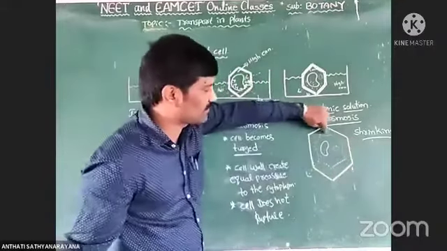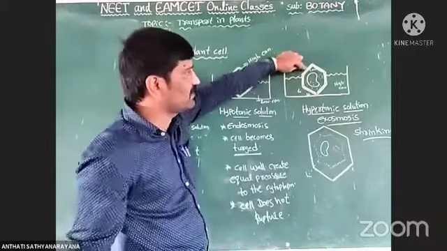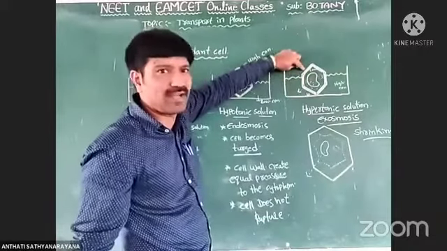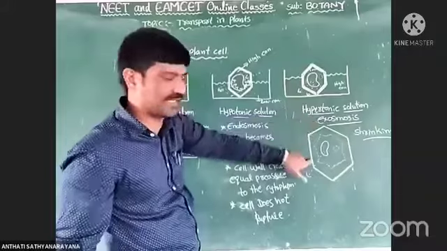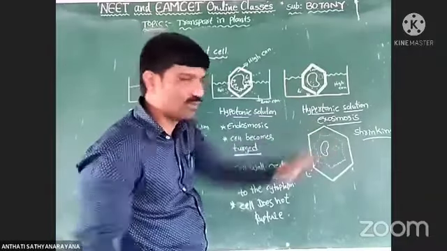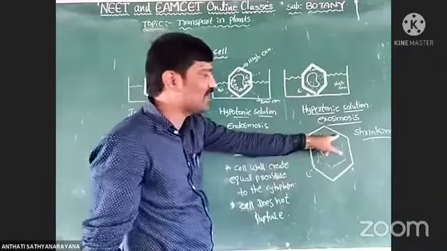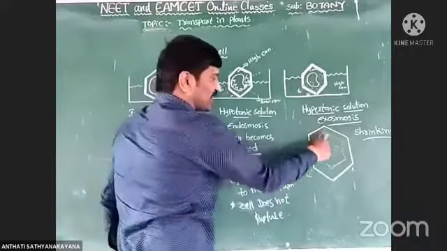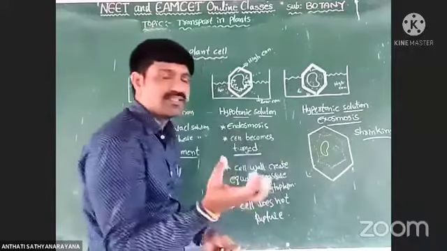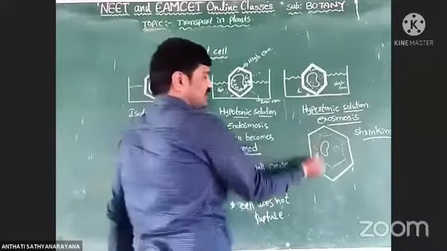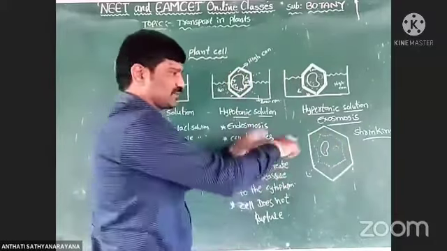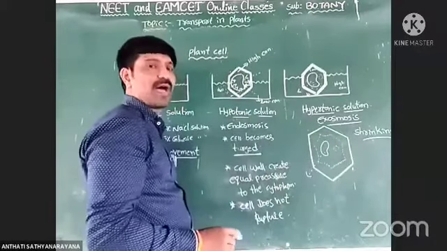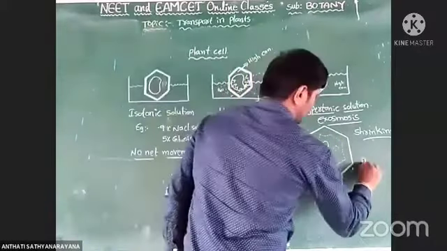Observe here, in this condition the plasma membrane is attached with the cell wall. But when exosmosis takes place, the plasma membrane moves away from the cell wall, detaches from the cell wall, and becomes shrunken. This process is known as plasmolysis.